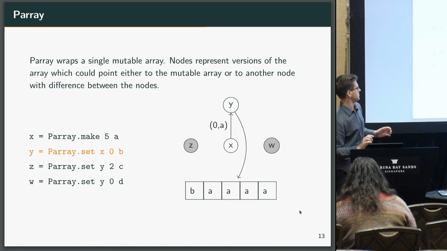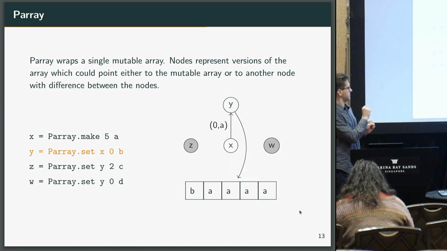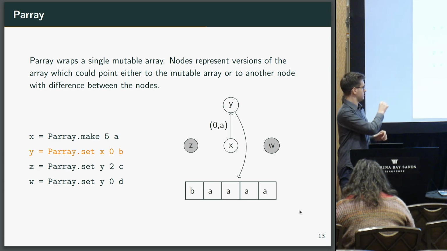Then x does not point at the array itself, it points towards y. This means that x is the same as y, with the zeroth position being replaced by character A.